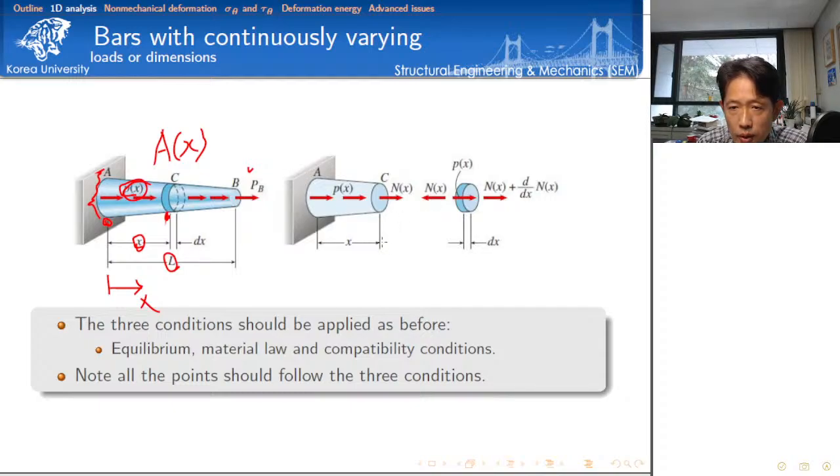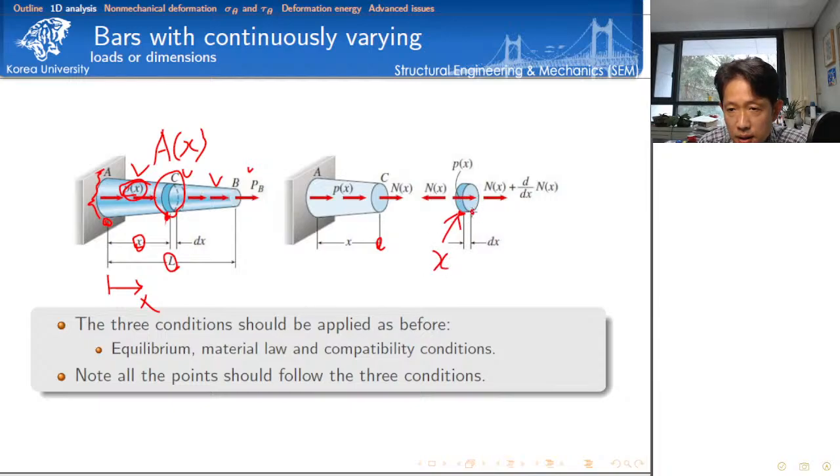Alright, so now we want to check a small segment. The position of this small segment is completely arbitrary, so you can choose this segment from here and also here. We consider an arbitrary point measured as x, which means the left point of this segment is measured as x.